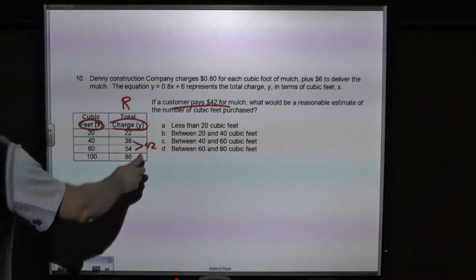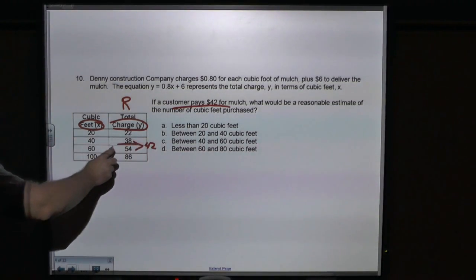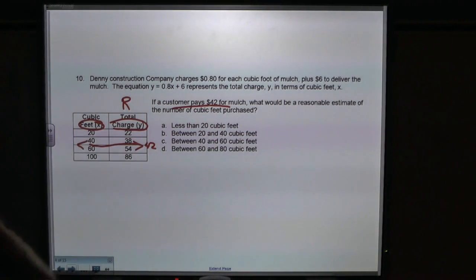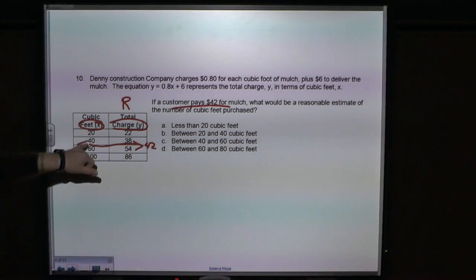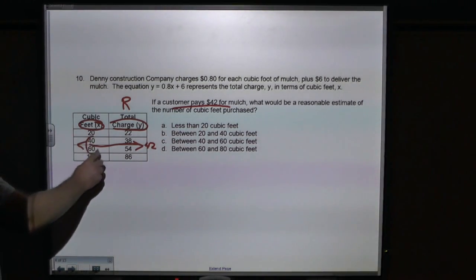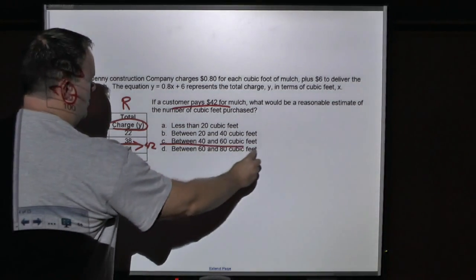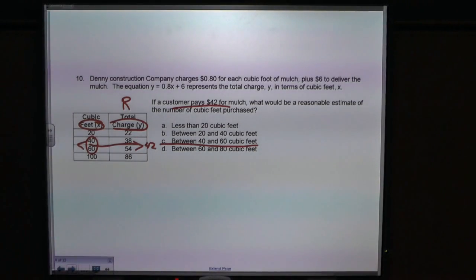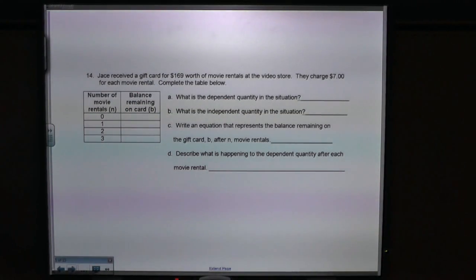Well, if that's your range, your domain has to come between the two corresponding domains on the other side, which in this case is 40 and 60. Right? That's how you read that graph. If you have questions about that, make sure you ask.